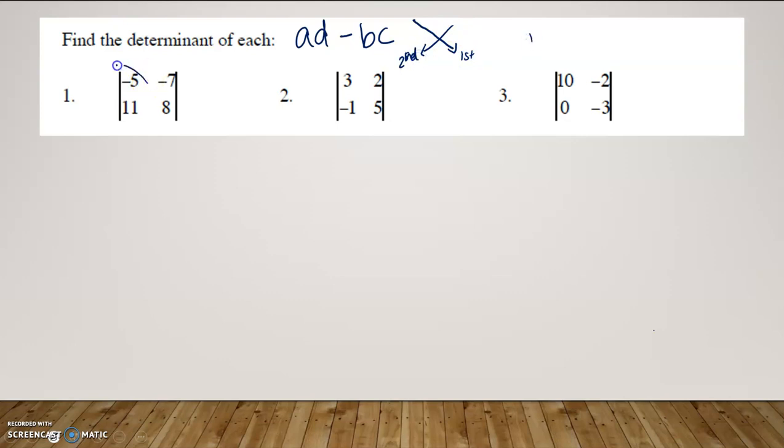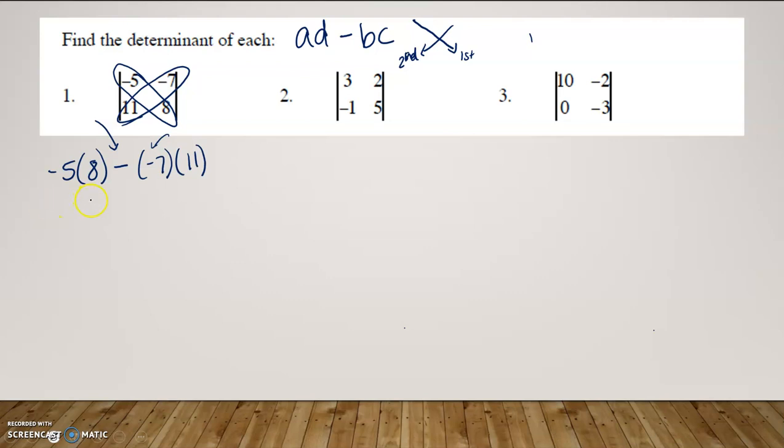All right, so we're going to take -5 times 8 minus -7 times 11. And you don't have to write this out. I'm writing it out so you can see it, especially when we start to get into double negatives, triple negatives, whatever the case may be. By writing it out, it helps us see that this subtraction sign is there. So we don't want to let go of any negative signs.